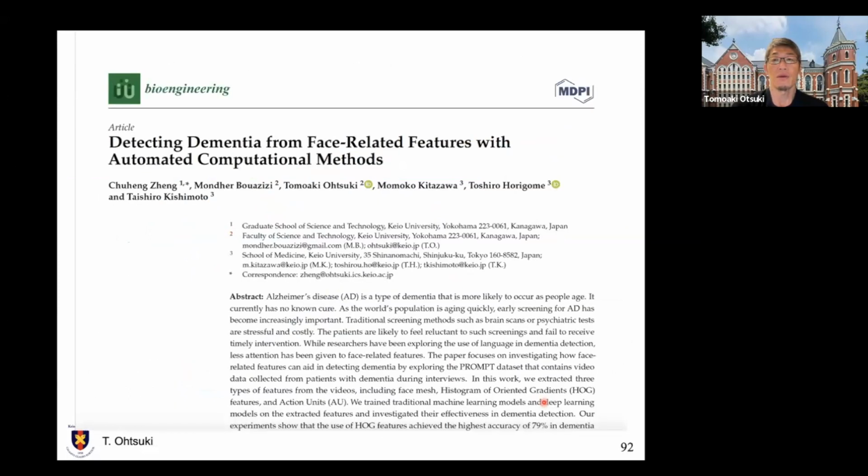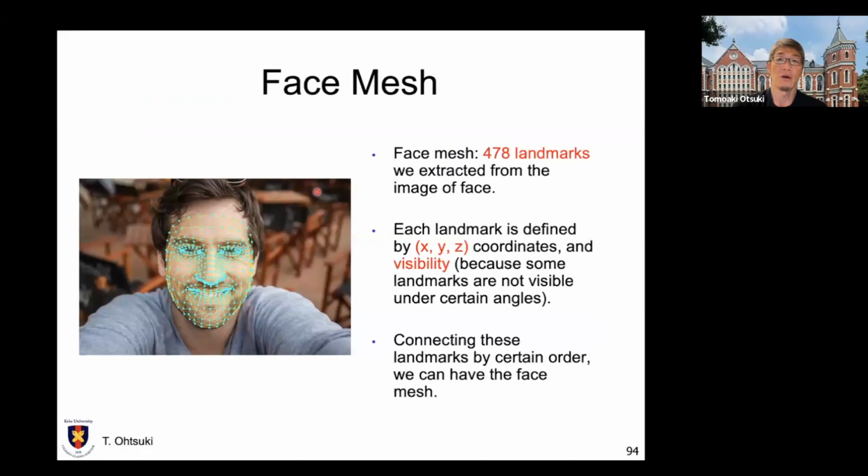Also, not only speech or text processing, but also based on images, we developed several techniques to detect dementia. For example, instead of directly using a raw image or video, we apply the face mesh. Face mesh is like this figure, consisting of 478 landmarks, and each landmark is defined by coordinates X, Y, Z, and visibility.